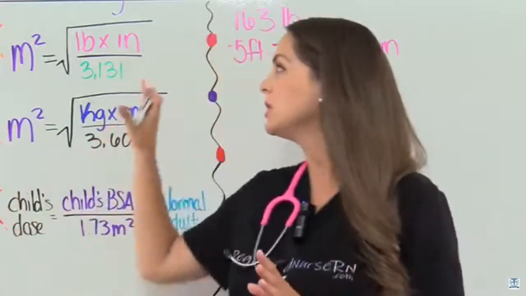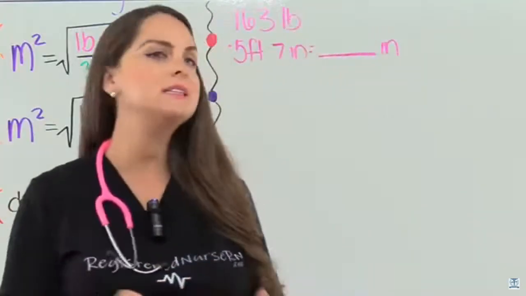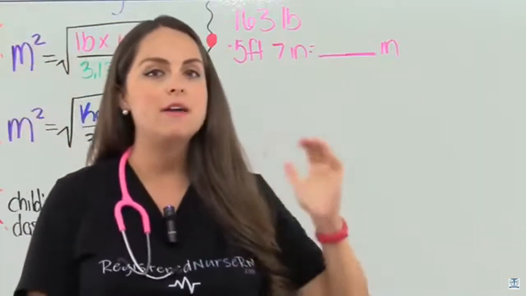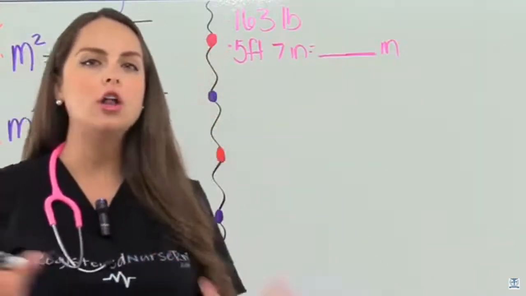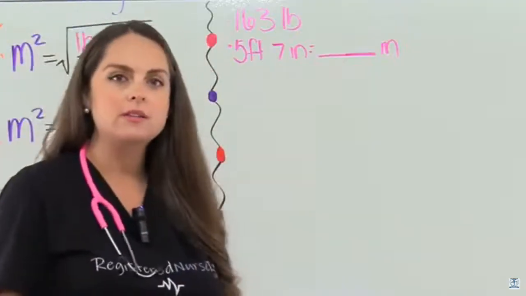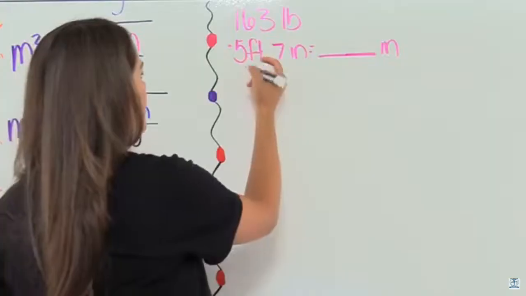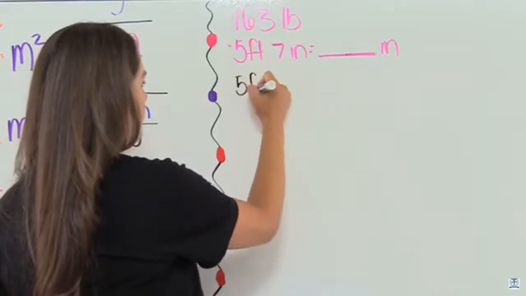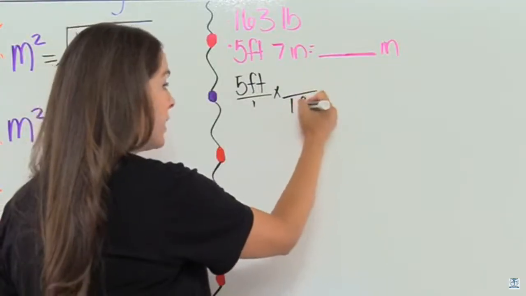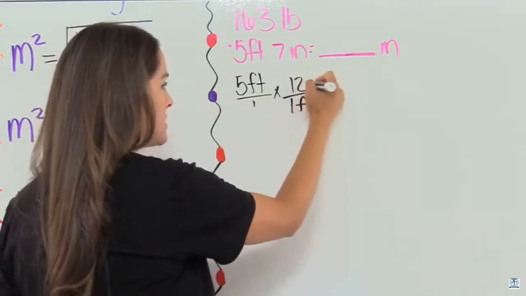But before we can actually use this scenario, we need to deal with the height because they tell us the patient's height is 5 feet 7 inches. So we need all of that in inches. To help us do that, we're going to use a little bit of dimensional analysis. The patient is 5 feet, and we know that in 1 foot, there's 12 inches.